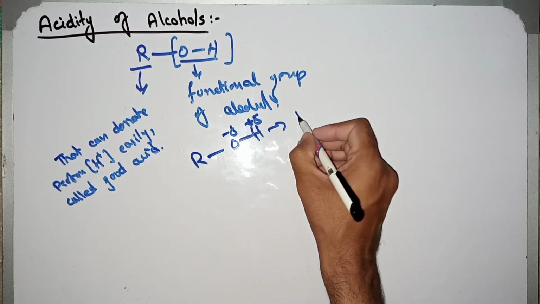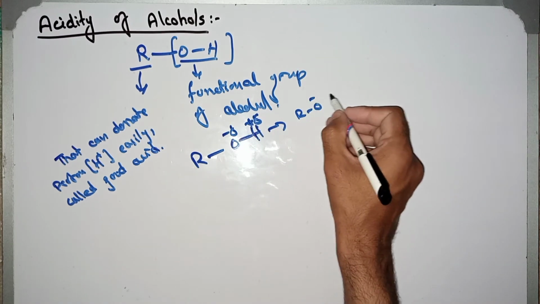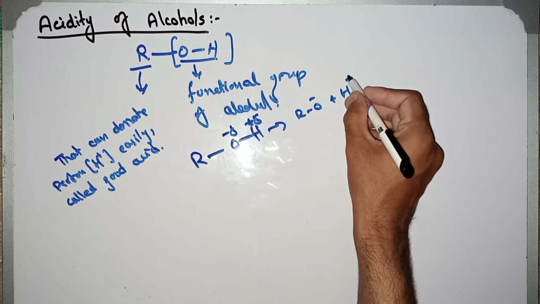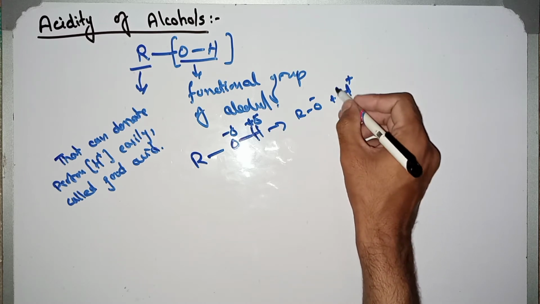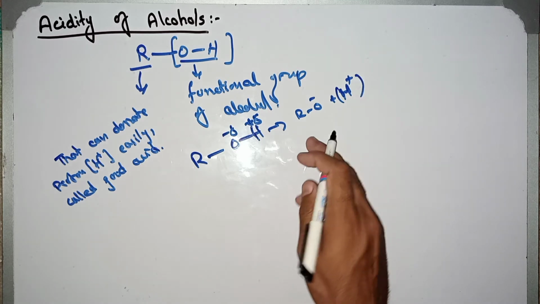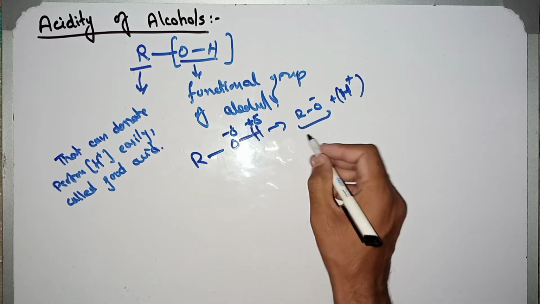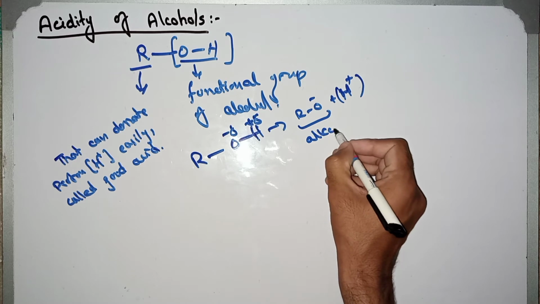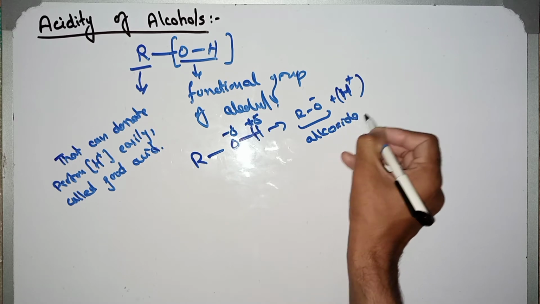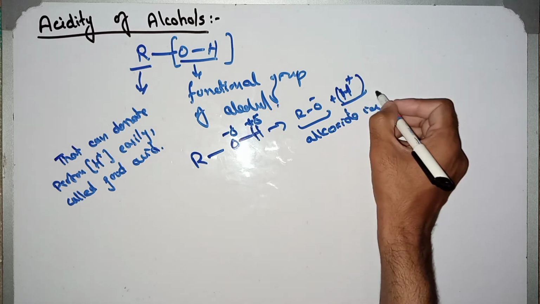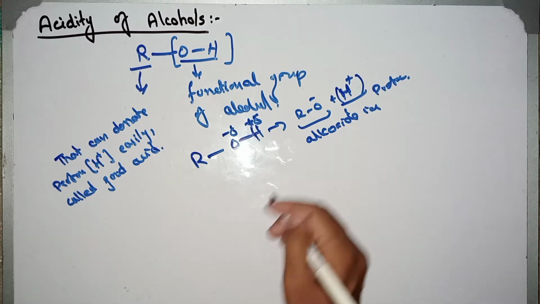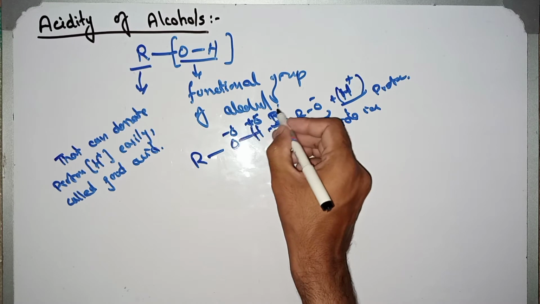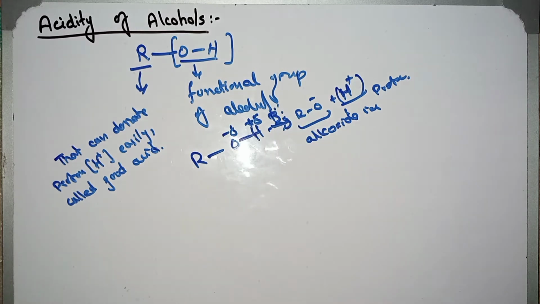So that's why they will generate an anion and a cation. The cation will be a proton, while the anion will be the alkoxide ion. This hydrogen will be called a proton, and this proton will be abstracted by any base, when you use any strong base here.